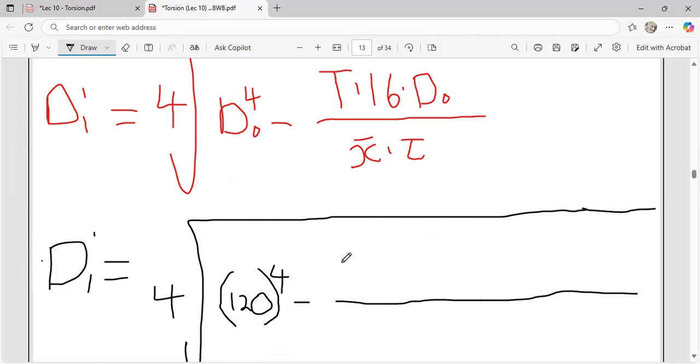the T. The value of our T was 14322.7, times the 16, times the what?